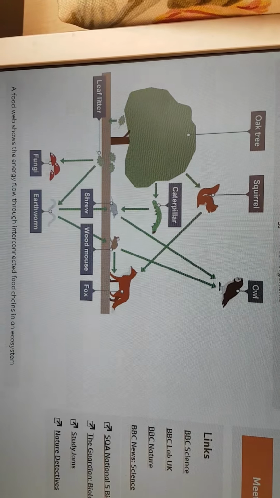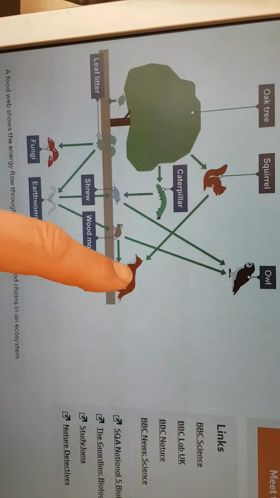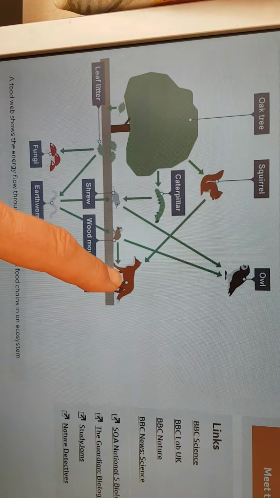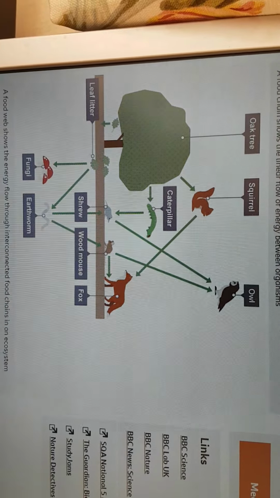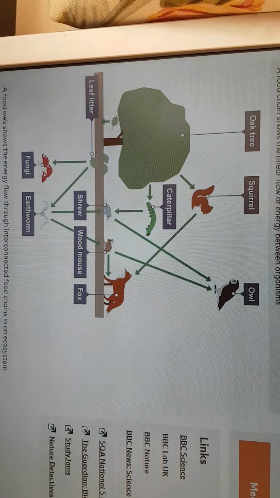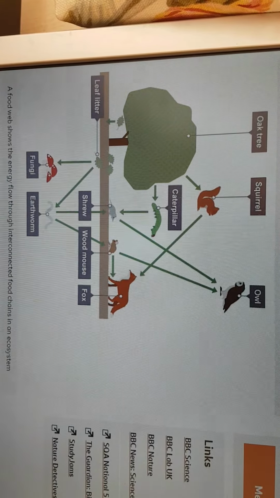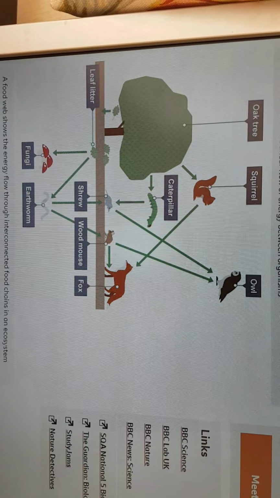Now, for each of the different species of living organisms, there are populations. For example, all the foxes in this ecosystem will be a fox population, and you'll have a wood mouse population, a caterpillar population, because a population is a group of organisms of the same species living in the same place. A community is all the living organisms found in an ecosystem.